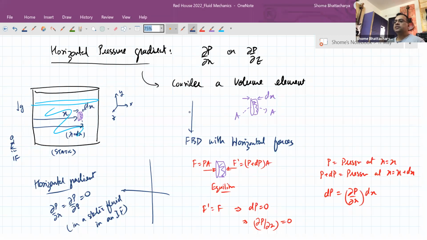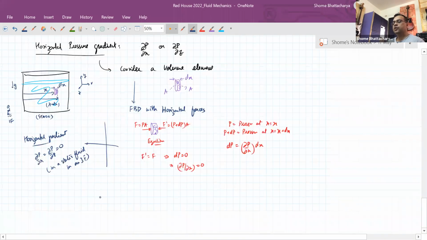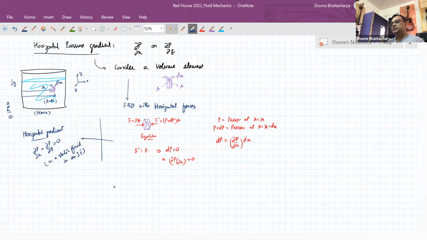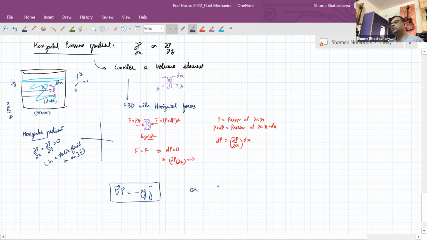So once you have established this, now we can see that for this case 1, the pressure gradient in proper vector notation is just minus rho g j cap. Or we can simply say that del p by del y is minus rho g, because it's a uniform rate.